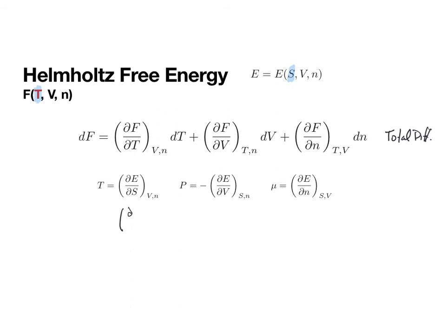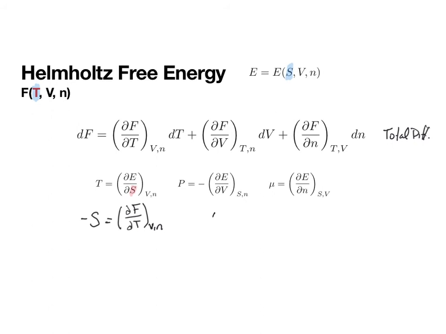We have the partial of F with respect to T, holding the same things outside constant. So we're changing the inside, and that means that the outside gets changed to the negative of the conjugate.